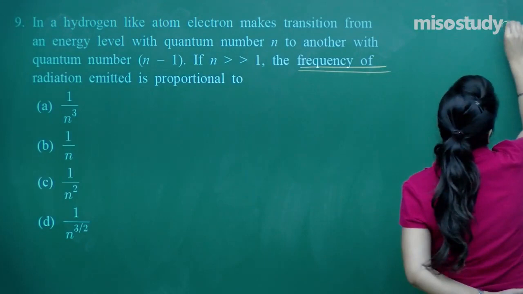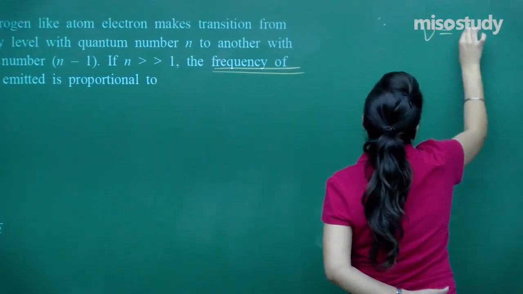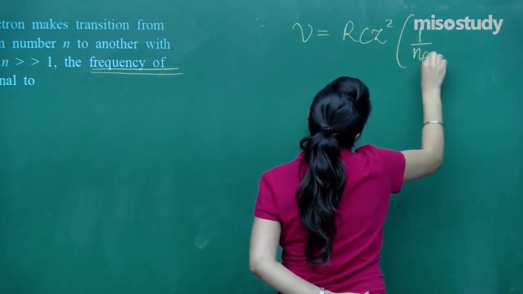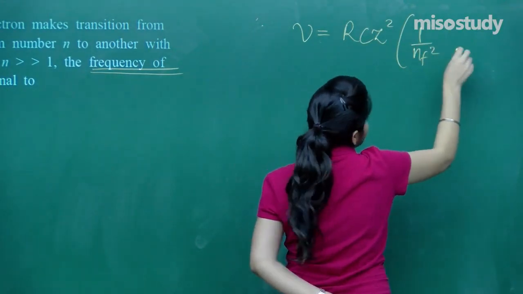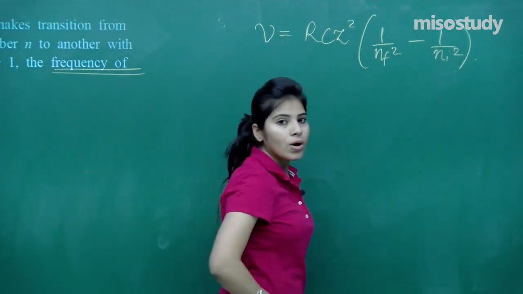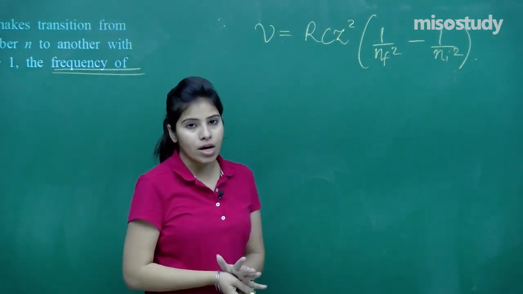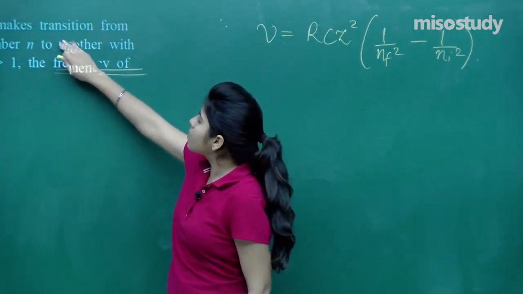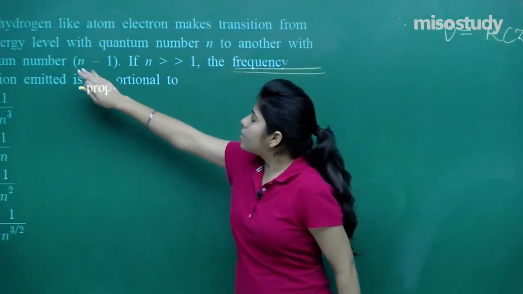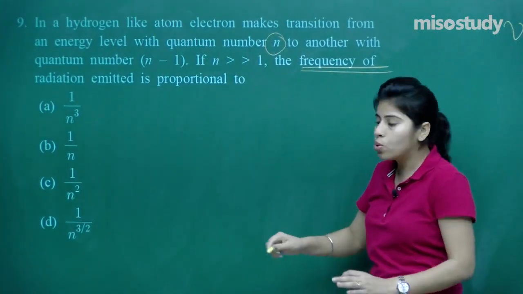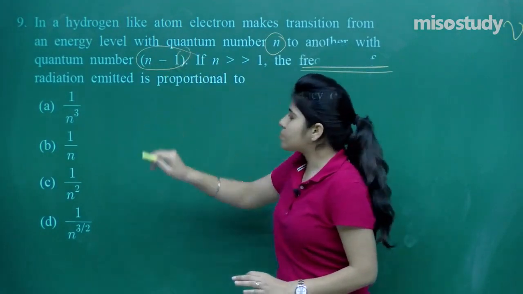So we know that the formula for frequency is RC(Z) square into 1 upon n_f square, that means the final energy level, minus 1 upon n_i square. Okay. So this we have before us. We know that the electron is making a transition from energy level with quantum number n to n minus 1.